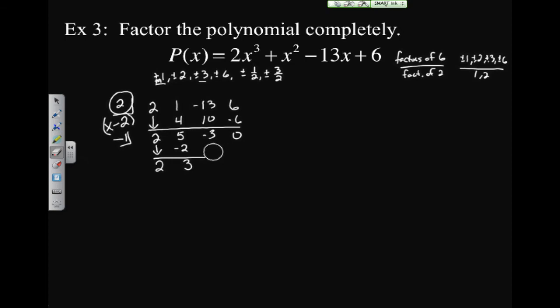So let me just go back and erase that. And how about a negative 2? Let's try negative 2. So negative 2 will give us a 2 and negative 4, which is a 1, and that'll be a negative 2 again, which is negative 5. So again, that does not work.